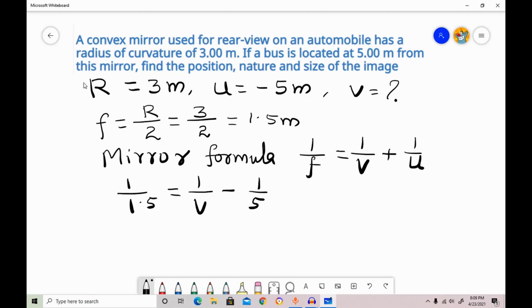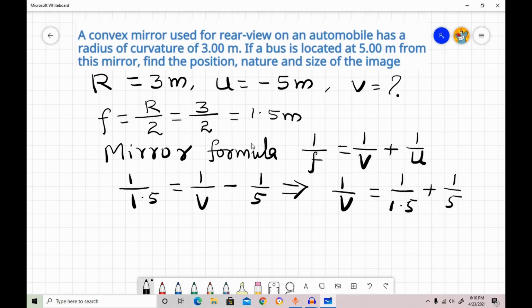So rewrite the equation: 1 by v equals 1 by 1.5 plus 1 by 5. This is taken to the LHS side, so it becomes positive. So let us continue.